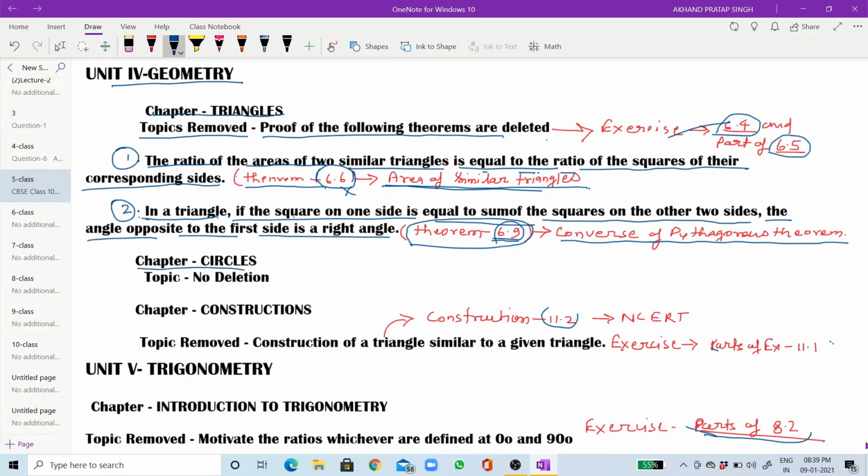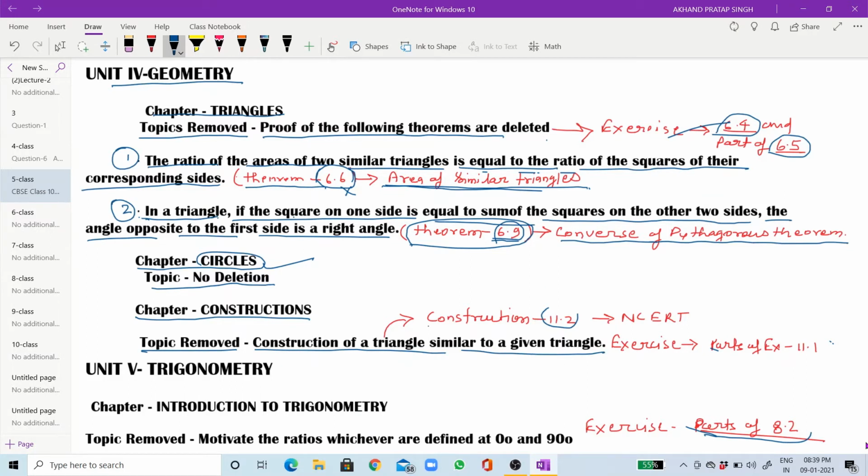And the next chapter is circles. There is no deletion, it will come as previous. So the whole syllabus of circles will come. So the next chapter is constructions. In constructions, the topic removed is construction of a triangle similar to a given triangle.